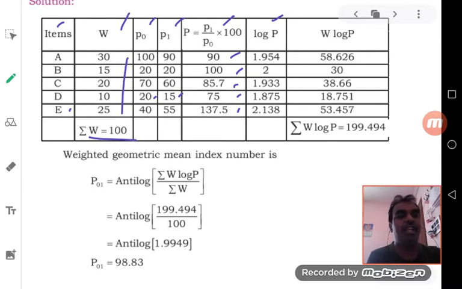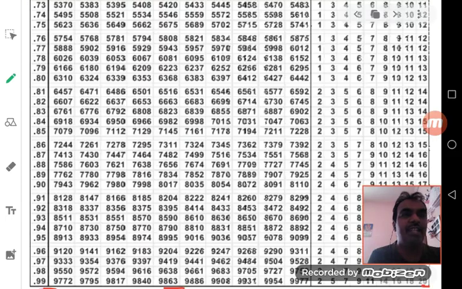Log values of P, you have to take by seeing the logarithm tables. Let us take the first number. You have 90. There are no decimal points. How many digits do you have? 2 digits, which means you have to take only one number before the point. So go to the log tables to find the value of 90.